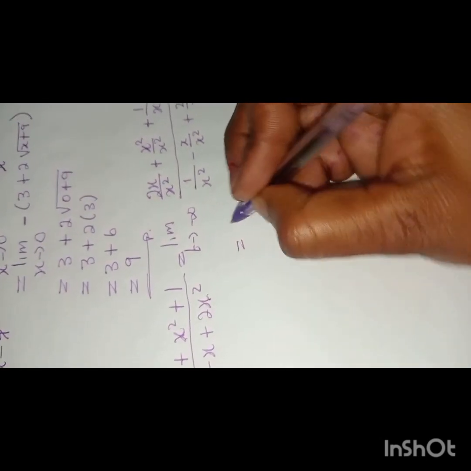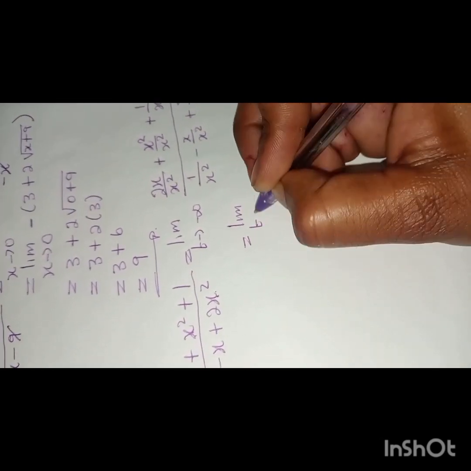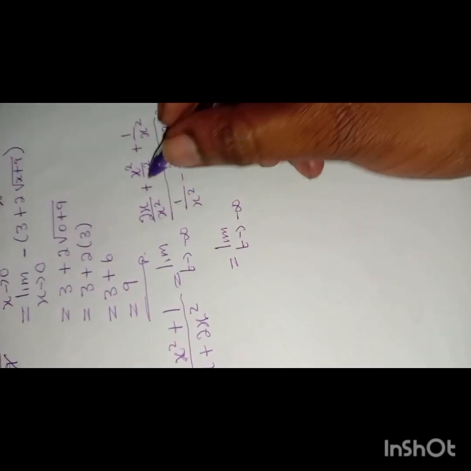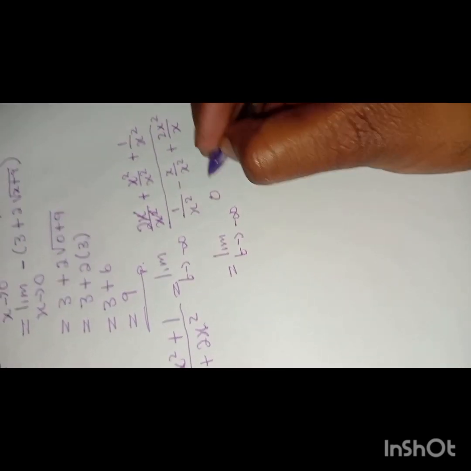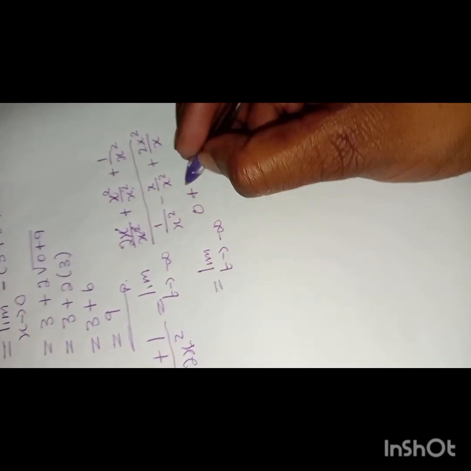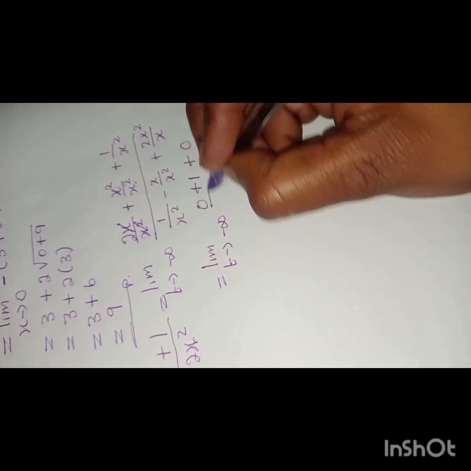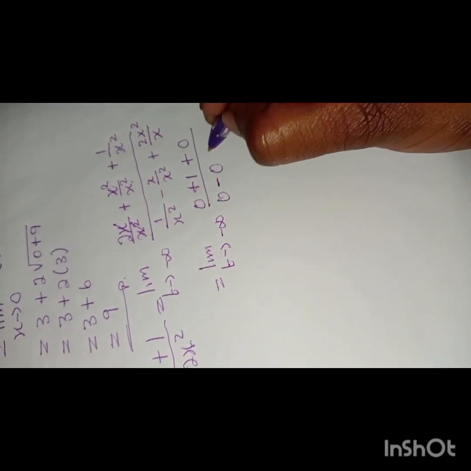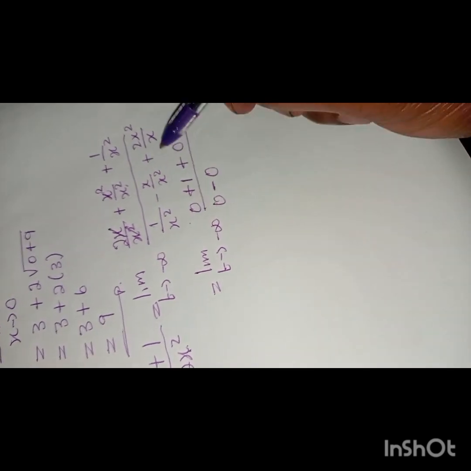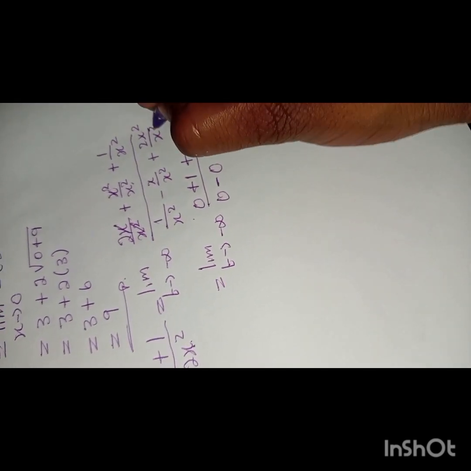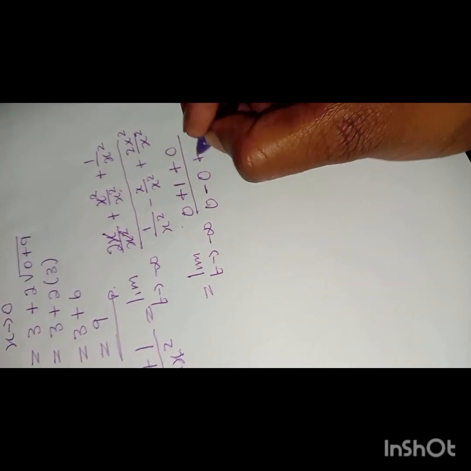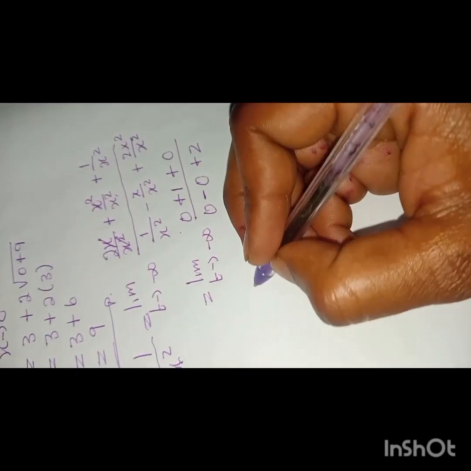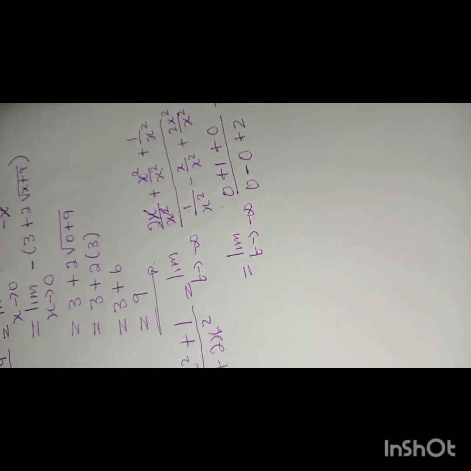When x approaches negative infinity, the terms with x in the denominator go to 0, so we have 0 plus 1 plus 0 all over 0 minus 0 plus 2. As you can see, the answer is 1 over 2. So this is the answer.